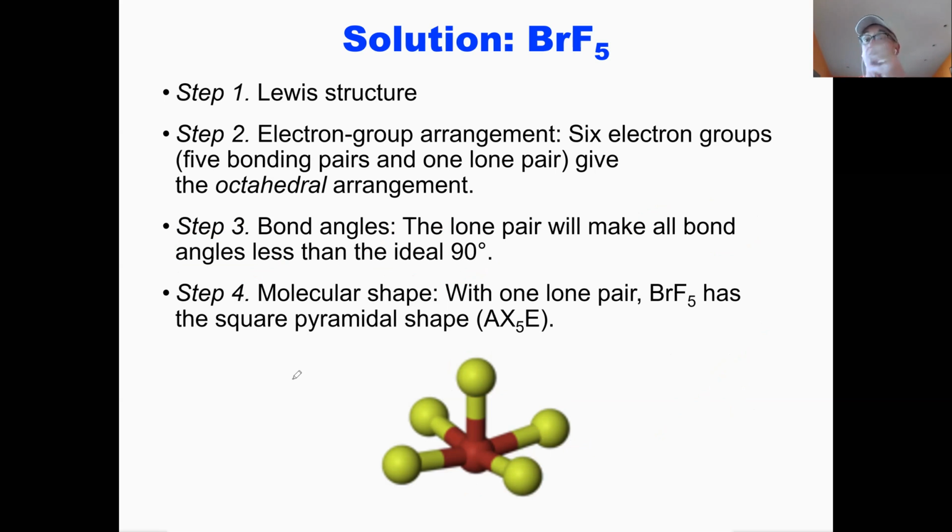Mm-hmm. Yeah, all the bonding regions want to be as far away from each other as possible to avoid repulsion. And because there's more repulsion from a lone pair than from a single bond, all the single bonds will move away from the lone pair. So they'll all move away slightly.